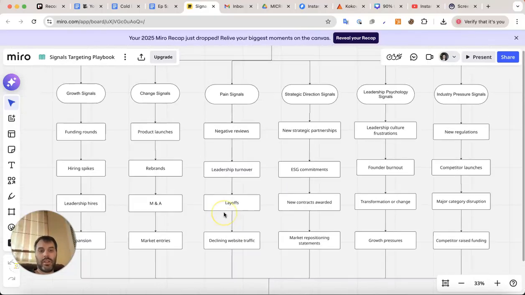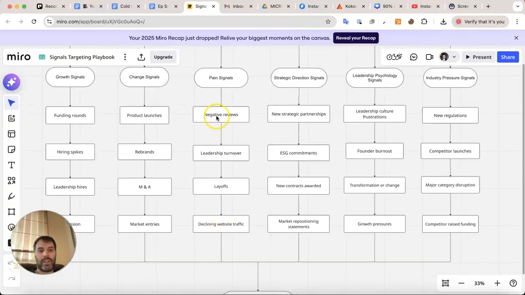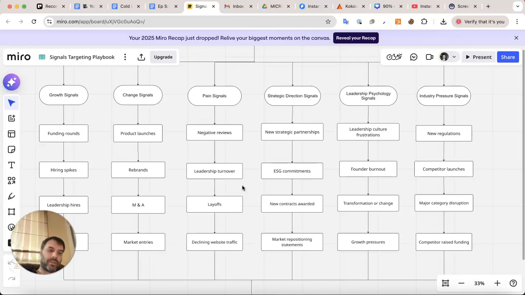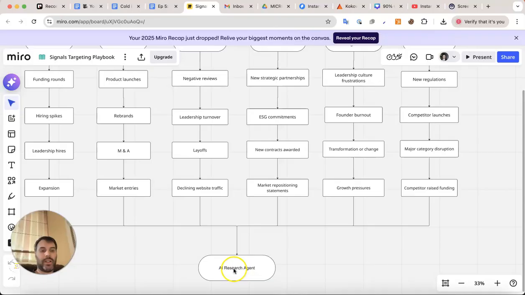Let's say you're looking at restaurants, and you say, tell me how many Indian restaurants or Chinese restaurants in London have 1 or 2-star reviews. Then the AI research agent will go through and actually find that information for you.